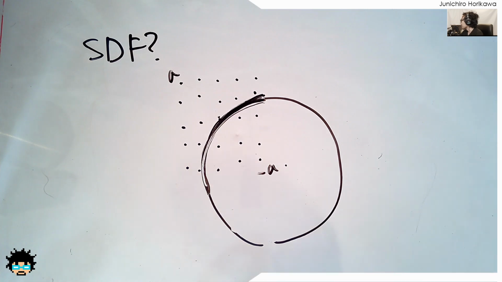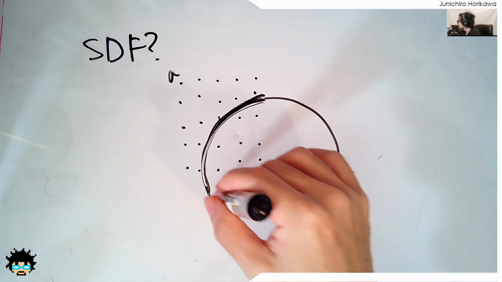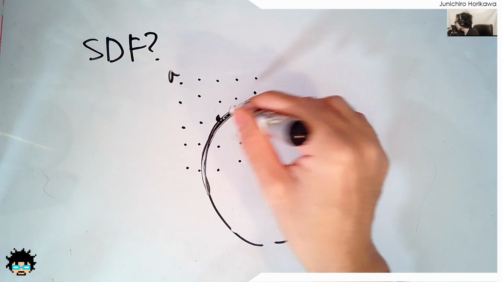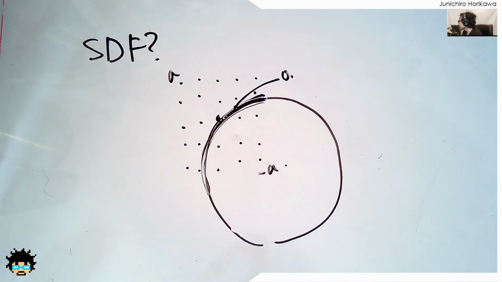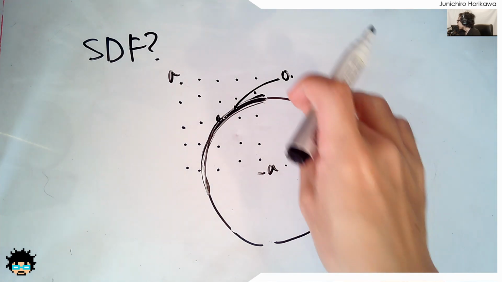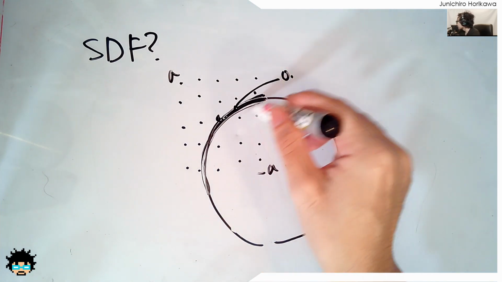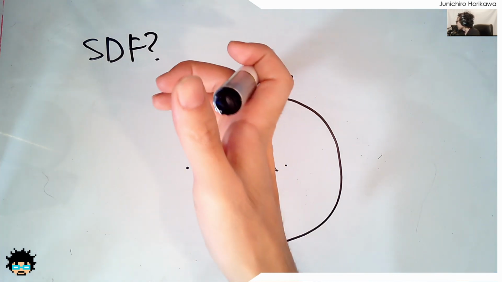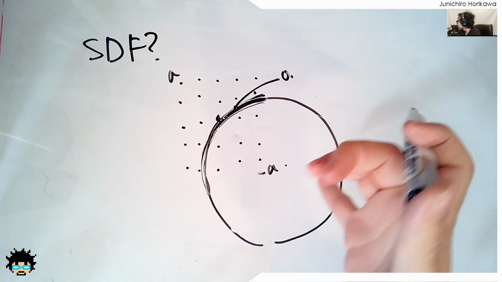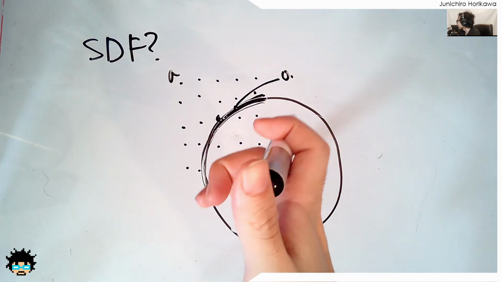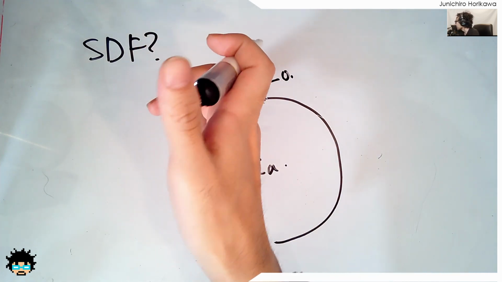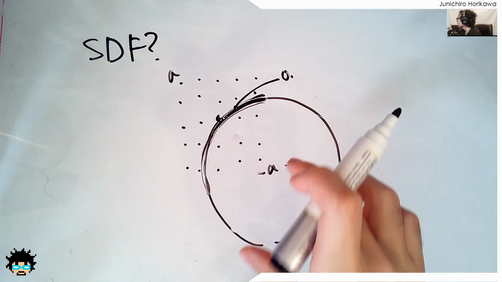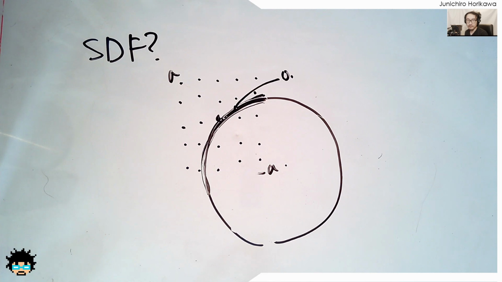And the points or voxels which are on top of the surface, somewhere around here, always have the value 0. So when the value is equal to 0, that's where the surface is going to be drawn. And around the 0 threshold, you have negative values inside and positive values outside. That's the rule for the SDF volume or voxel value.